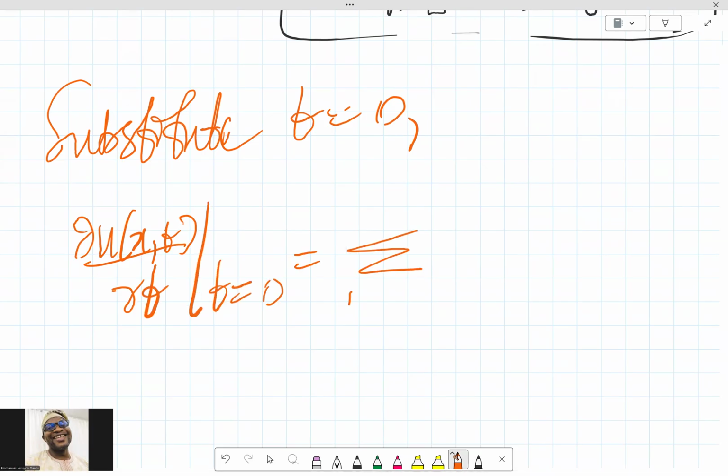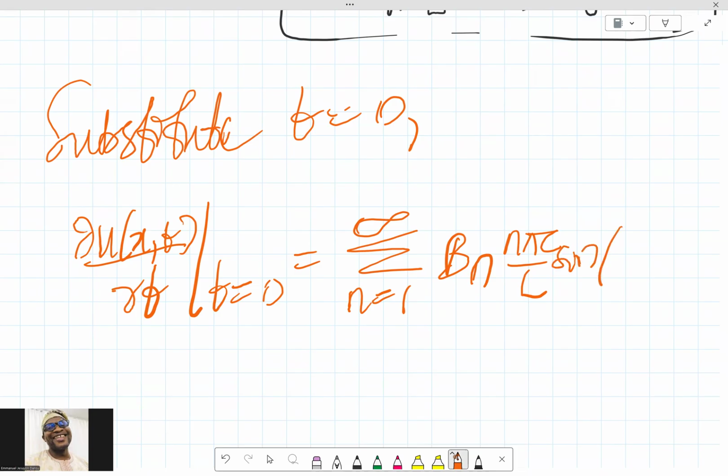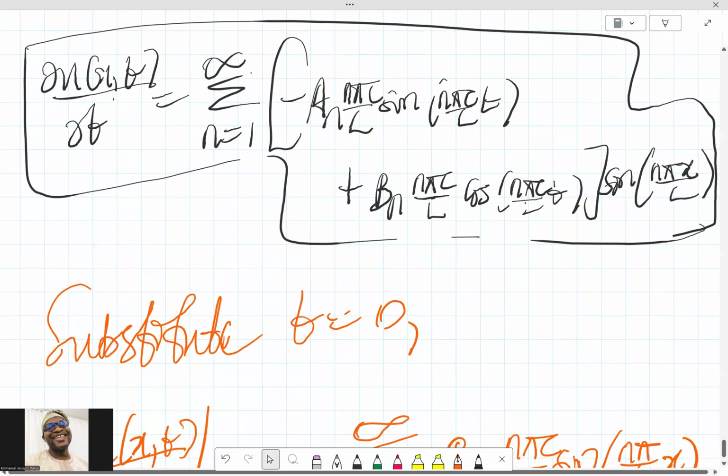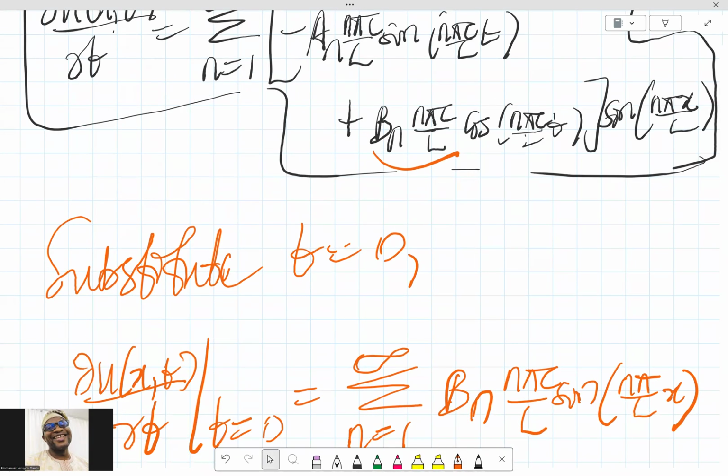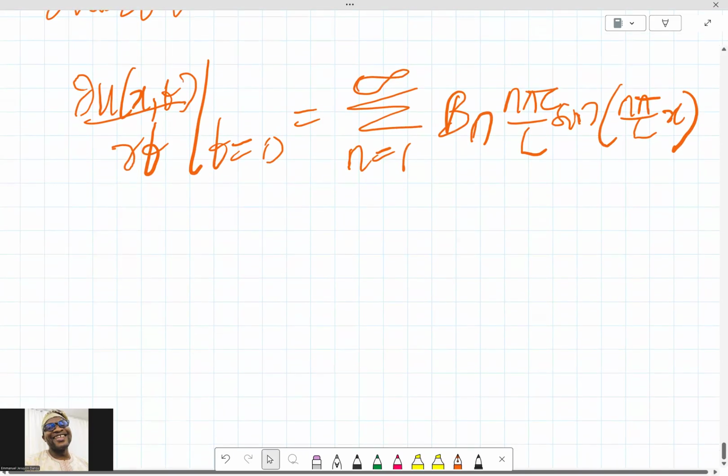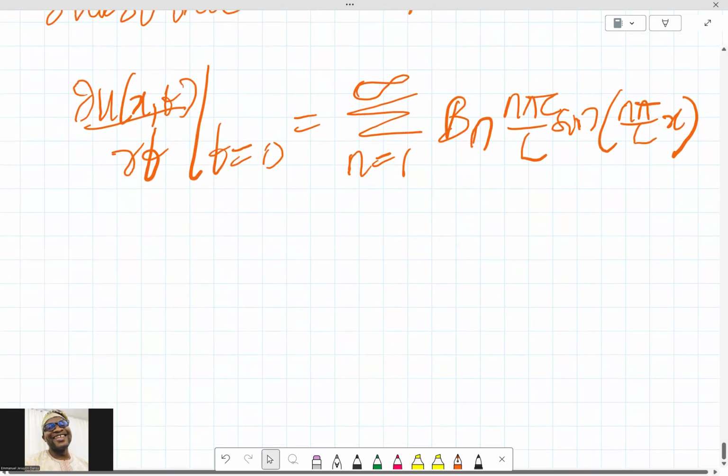We have that to be the summation from n equals 1 to infinity of b_n n pi c over L sine n pi over L x. Because t is 0, the cos 0 is 1, so we just have this remaining, and this is gone, multiplied by n pi over L x, like that.